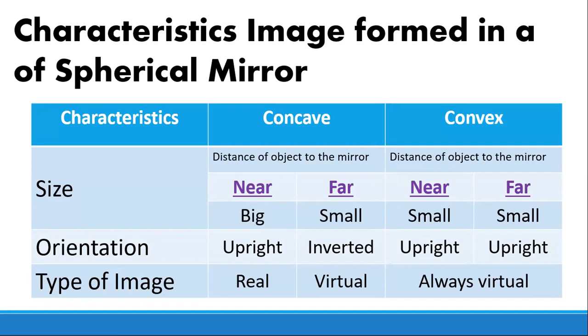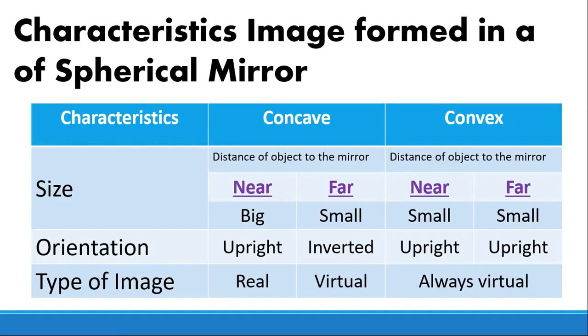If the object is far, then the size of the image formed is smaller compared to the object. The orientation of the image formed in a concave mirror is upright if it's near and inverted if it's far. The type of image formed if the object is near is virtual, while if the object is far, it will be a real image.